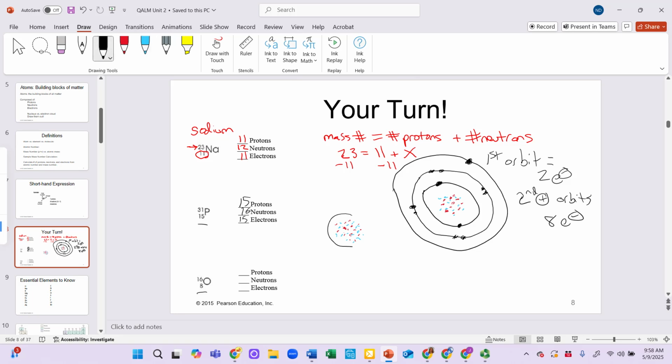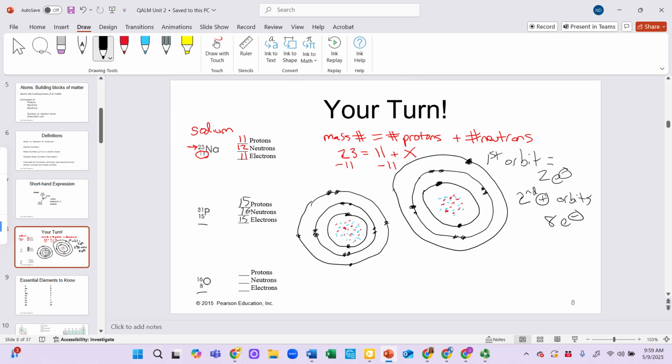On the first ring, we can only hold 2, so we're going to put 1, 2. On the next ring, we can hold 8, 1, 2, 3, 4, 5, 6, 7, 8. So now we've got 10 drawn, so we got to draw 5 more. So we got 1, 2, 3, 4, 5. So that's what that would look like.